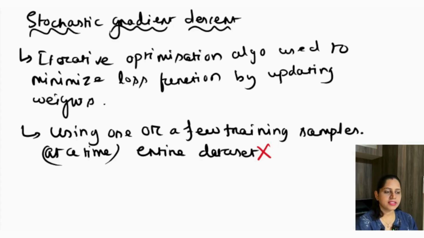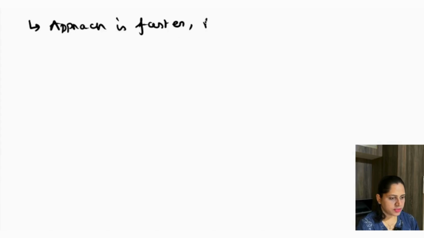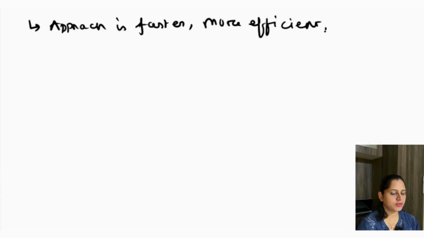And as it is taking random samples, or at least one data point every time, the approach is faster, right? It's more efficient because of that, because you can just imagine that when you're using the complete data set, how much memory it's going to consume, as compared to a very minimum, or at least one point, or some random samples at the same time.